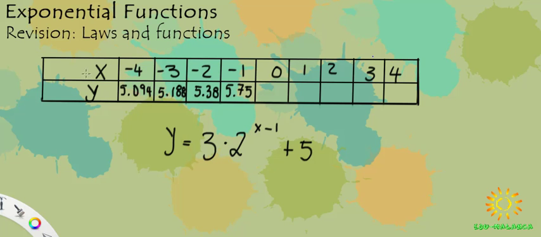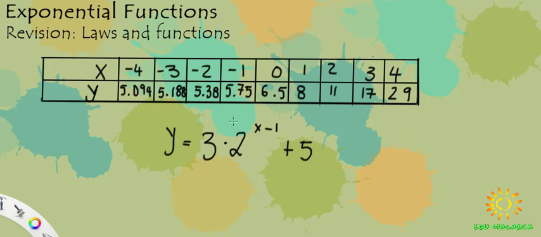And when your x is 0, y is equal to 6.5. When you have 1, you get y is equal to 8. For 2, your y is equal to 11. For 3, y is equal to 17. And lastly, when x is equal to 4, y is equal to 29.